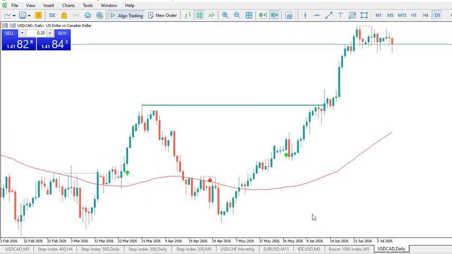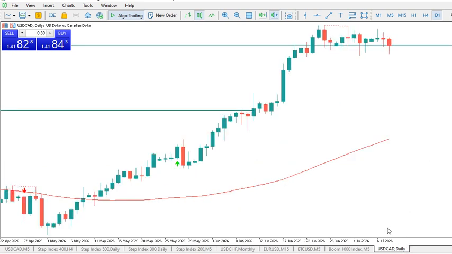So this is USD CAD on a daily time frame. We'll be using the A and the V shape to actually trade. This will be our main trading concept. So right here we have this A shape.